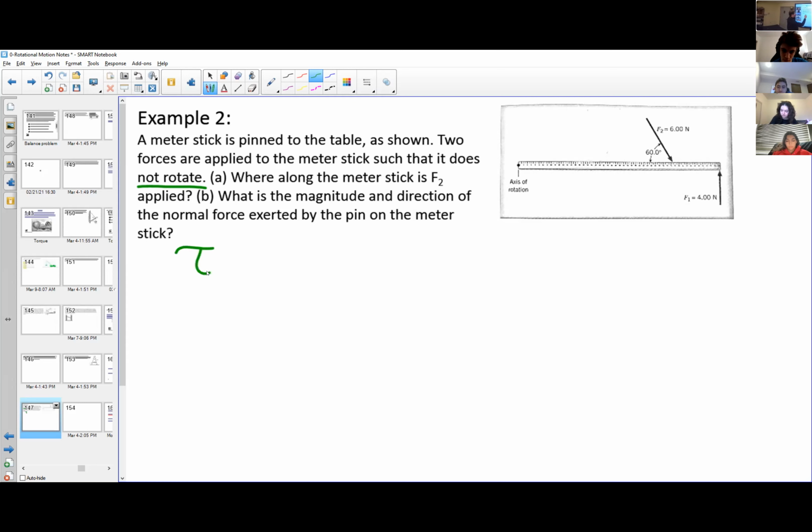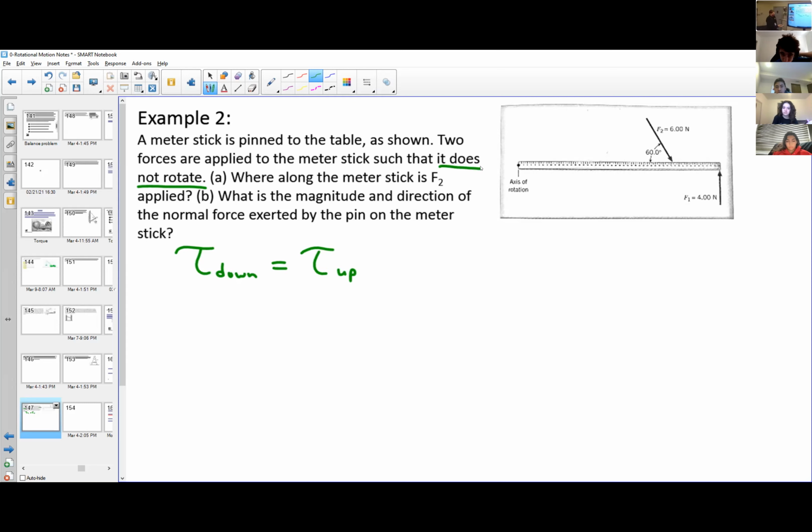So one way to show it fleshed out the way Rocky described it: the torque created by that downward angled force has to be balanced by the torque created by that upward force. If they weren't balanced, it would rotate. And it says it does not rotate. Okay, so if it does not rotate, the torque has to be balanced.